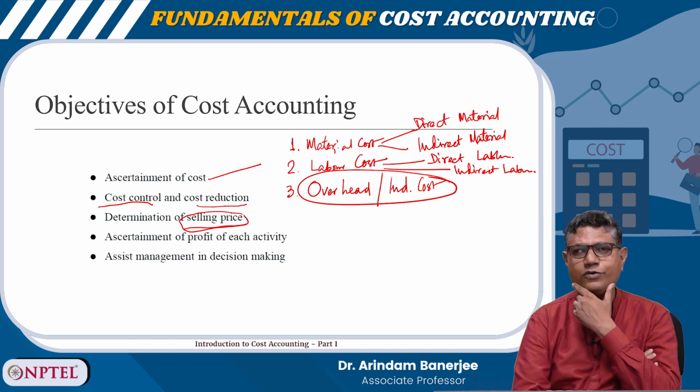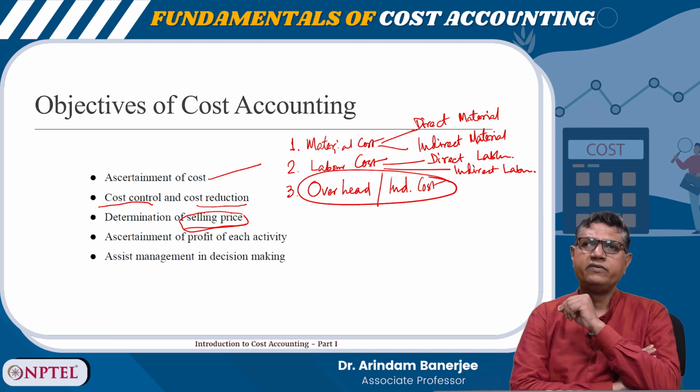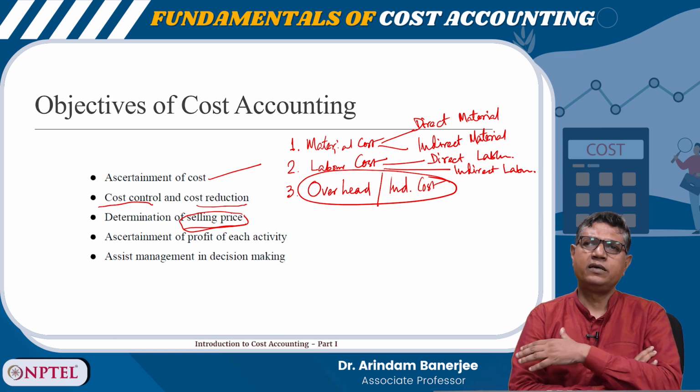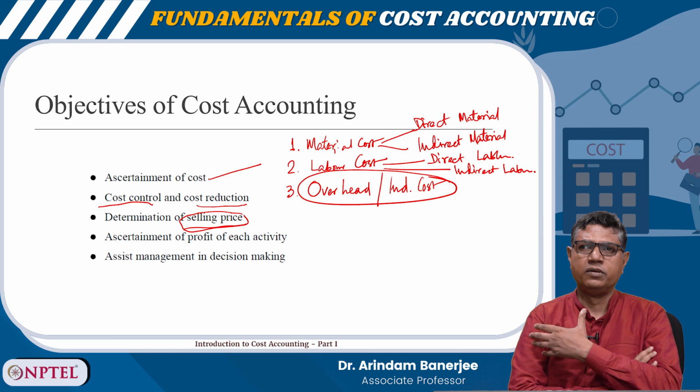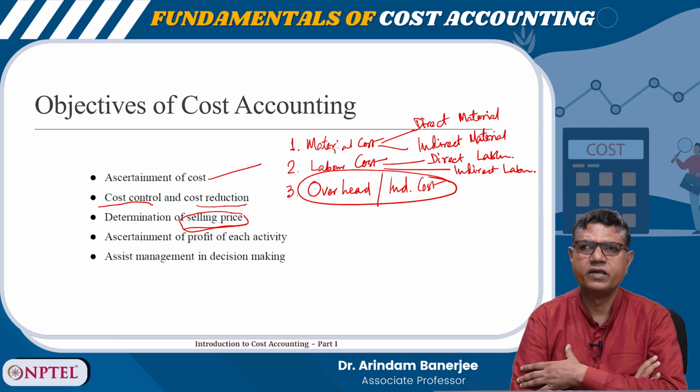If the cost is known, you can also see how much profit each activity is generating. And when we are doing so, the ultimate objective is to assist the management in decision making. The more knowledgeable the management becomes about the cost records, the easier it will be for the management to take decisions.